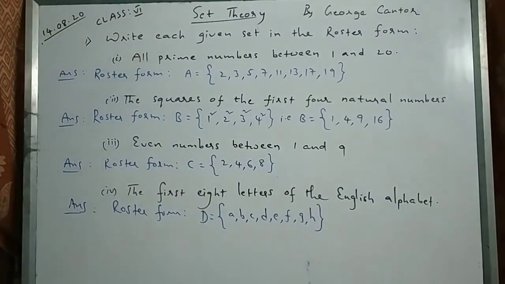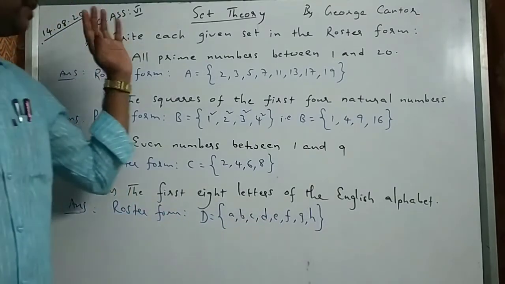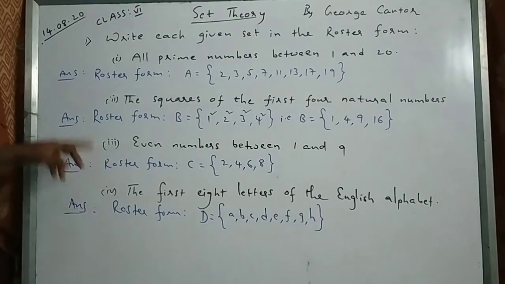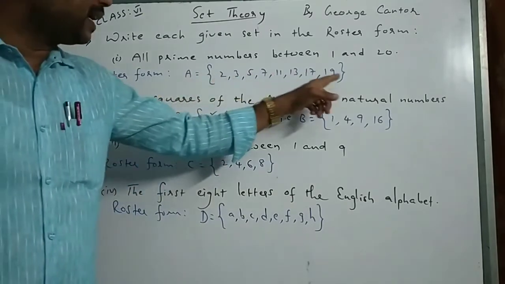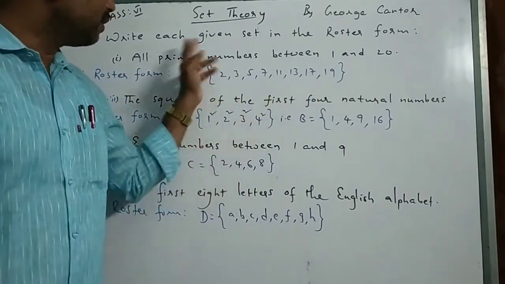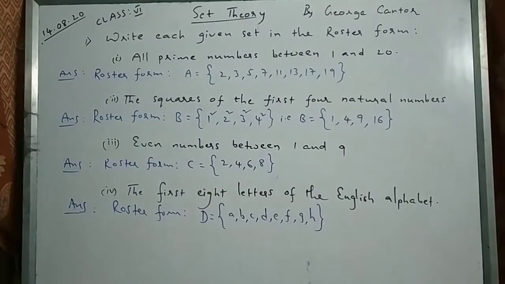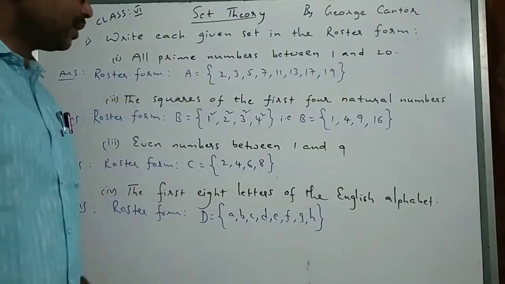First 8 letters of the English alphabet: A, B, C, D, E, F, G, H. So whenever we are given the description form, we can write them in the roster form. Roster form means, remember that elements are separated by commas with curly braces. Curly brackets are braces.